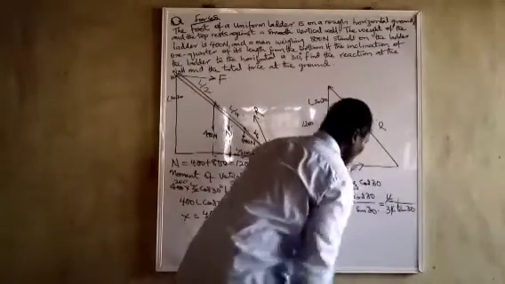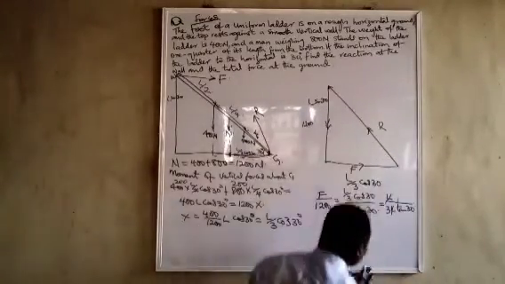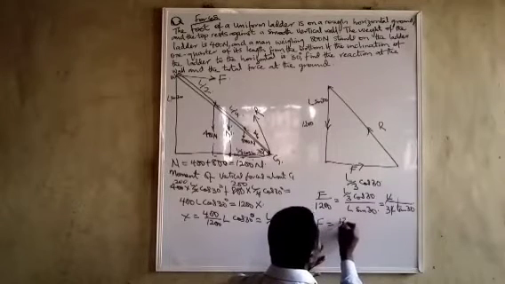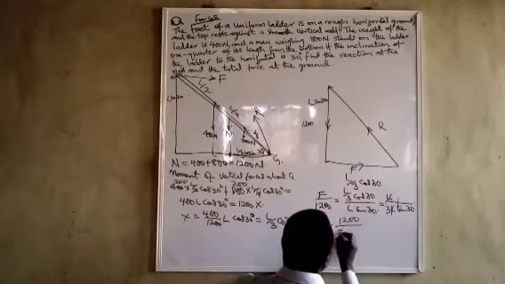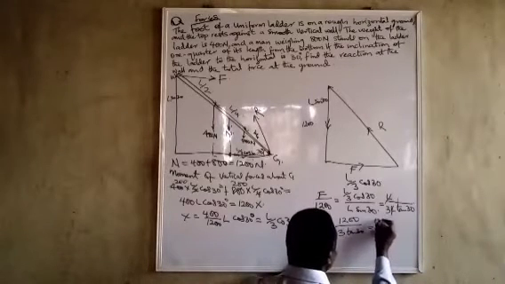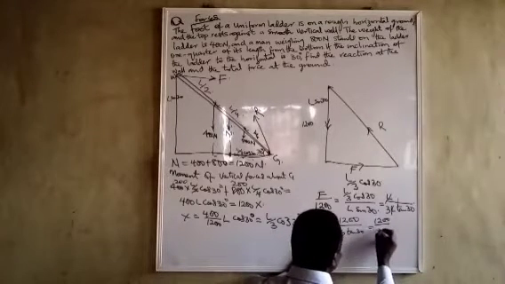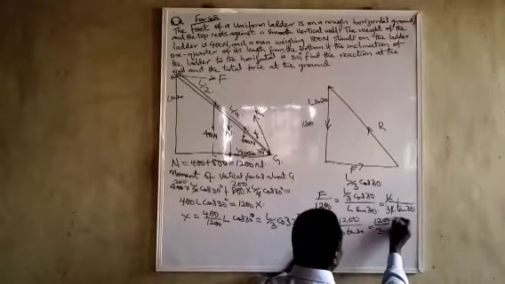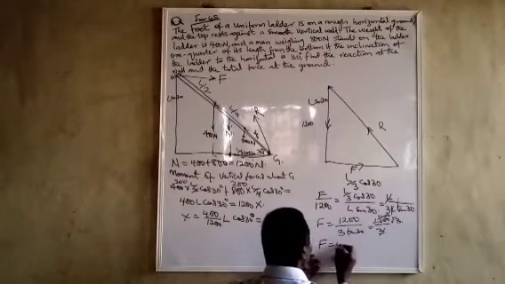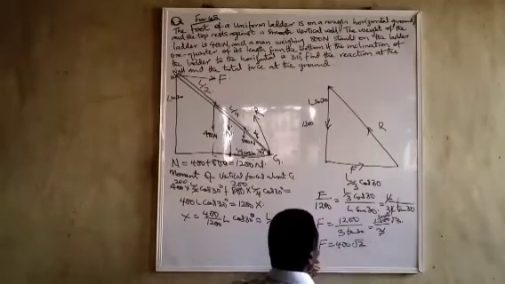So this one cancels this. So F will equal 1200 over 3 tan 30. Now what is tan 30? 1 over root 3. So I have 1200 over 3 root 3. So this is 400. So F equals 400 root 3.